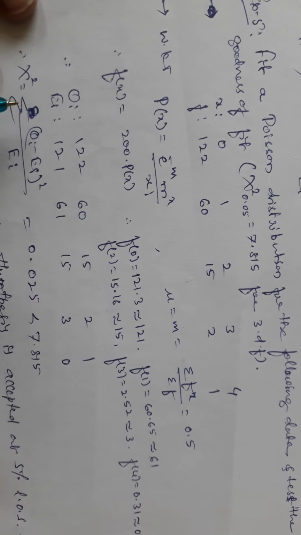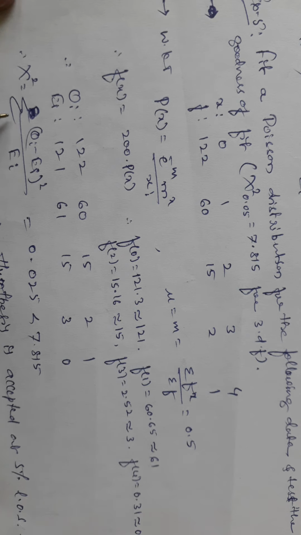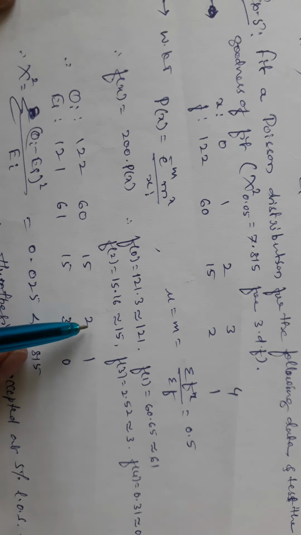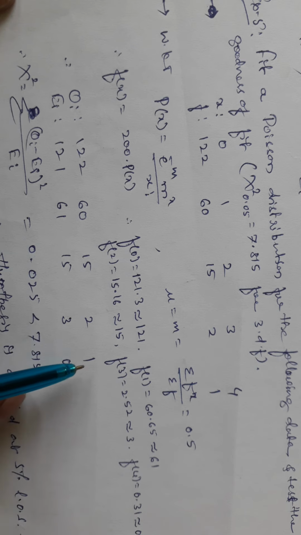Then using the formula chi-square equal to summation of observed value minus expected value whole square divided by expected value, we compute difference square divided by expected value for each term.